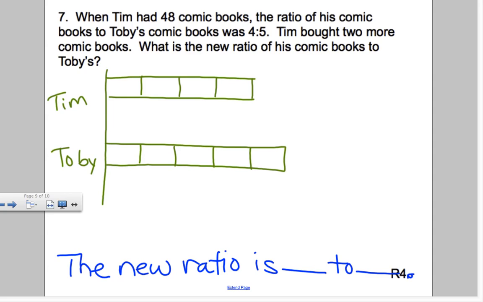No. So this is where it gets a little complicated, because remember, when we put this number at the end of the bar, that's what that bar equals. But is that what Tim's comic books equal? No. But do you agree that these 4 equal that, just from there to there? Everyone okay with that?